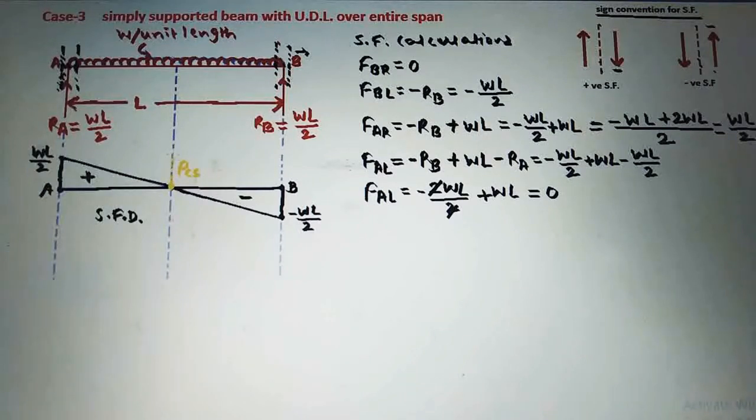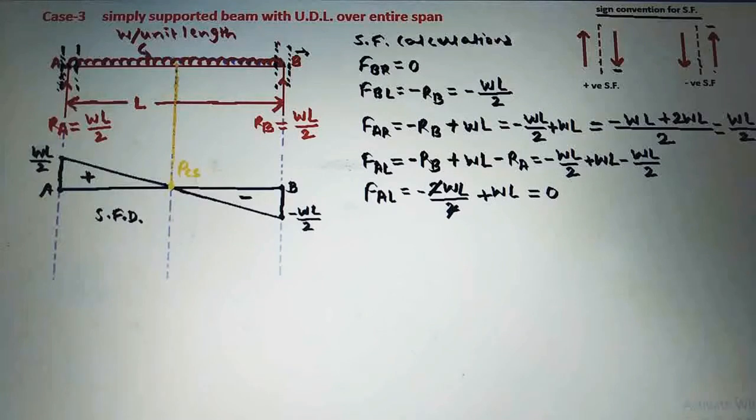So at the point of contra shear the shear force is 0, but there is a bending moment. So we have to calculate the bending moment at the point of contra shear, and because of that we have to know the distance of this point of contra shear from one of these supports.